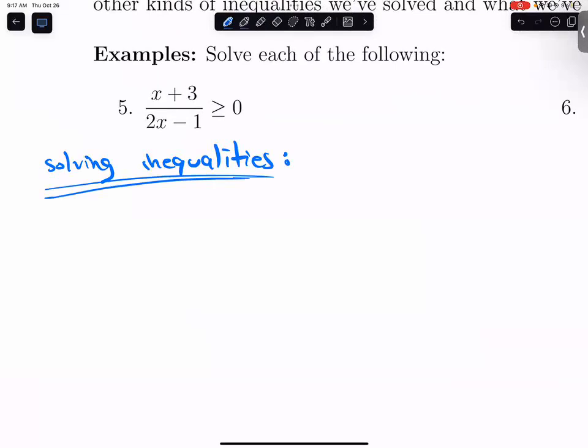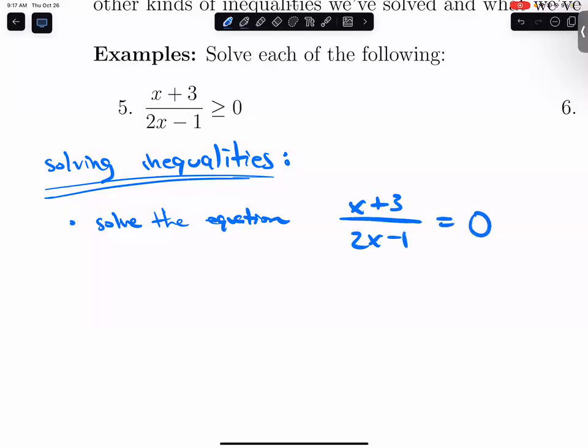Set it up like an equation first. Yep, move everything to one side. That part's already done here, right? We're comparing to 0, so that part's already done. If it wasn't, then I'd move stuff around, but solve the equation first.